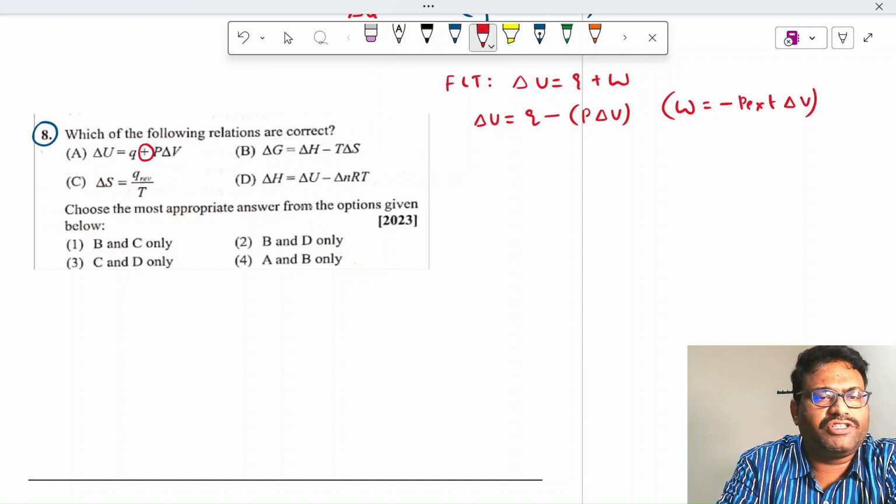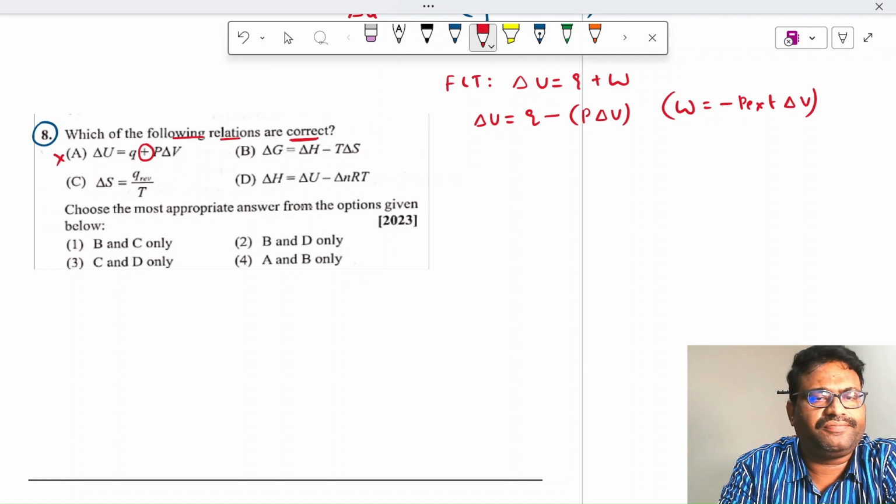The question asked is, which among the following relations are correct? So this is not correct.